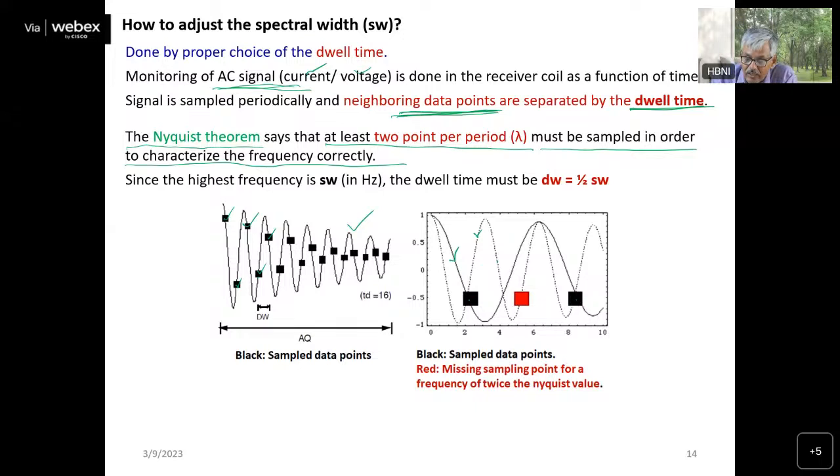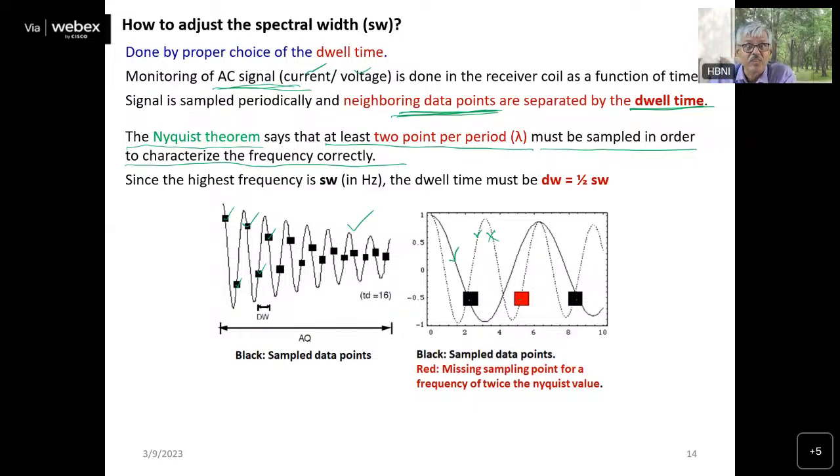But for this one, which has a higher frequency, there is a missing data point here. So in this case, you will not get the proper frequency after Fourier transform. That's why the dwell time is very important.